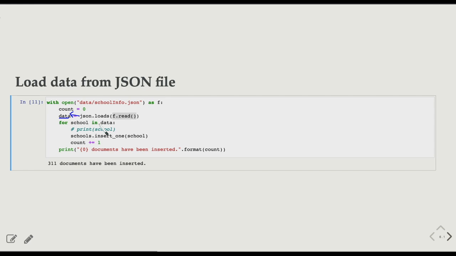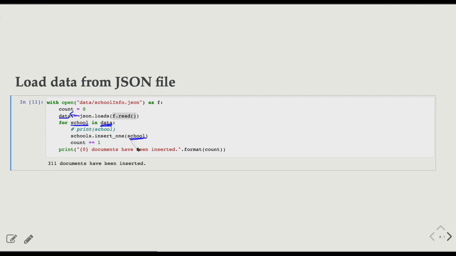At this point, we can create a for loop to go through every school in the data, and each one we take as a school. So the school variable is one university at a time in the data.